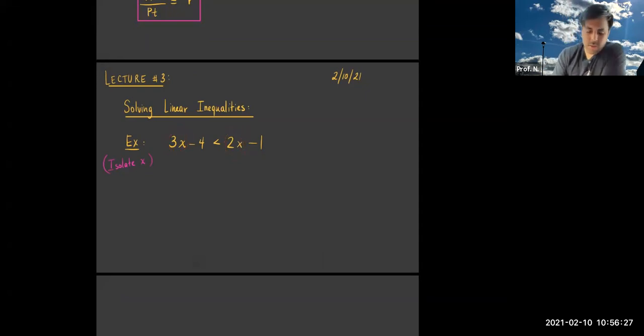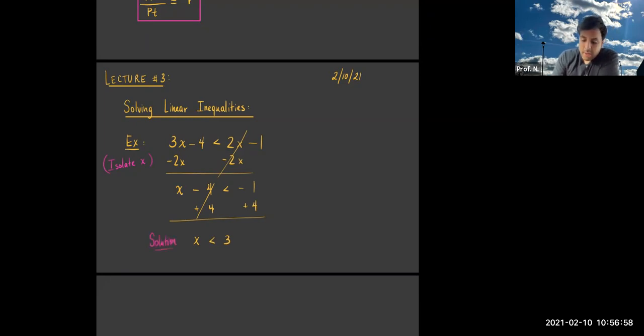So it makes sense to put them all on the same side, right? So I get x minus 4 is less than negative 1. I move the 2x from the right side to the left side. And then I want to get rid of the positive 4, so I add 4. And I get that x is less than 3. So this is my solution. I got it.